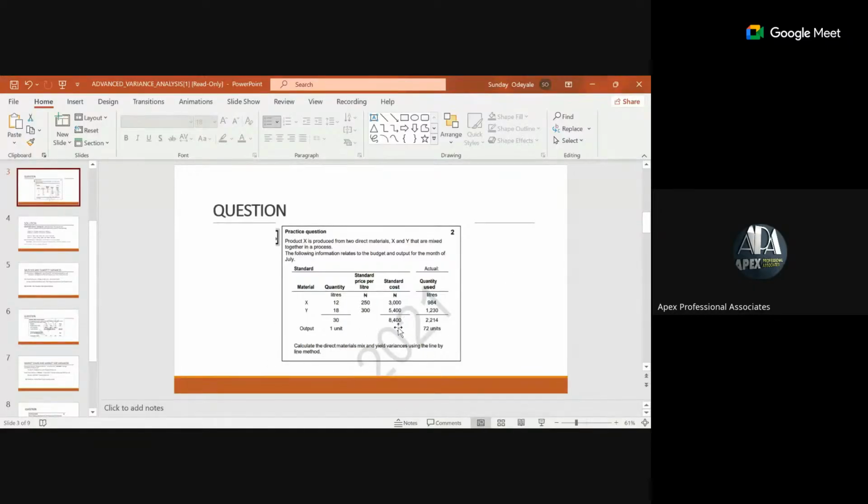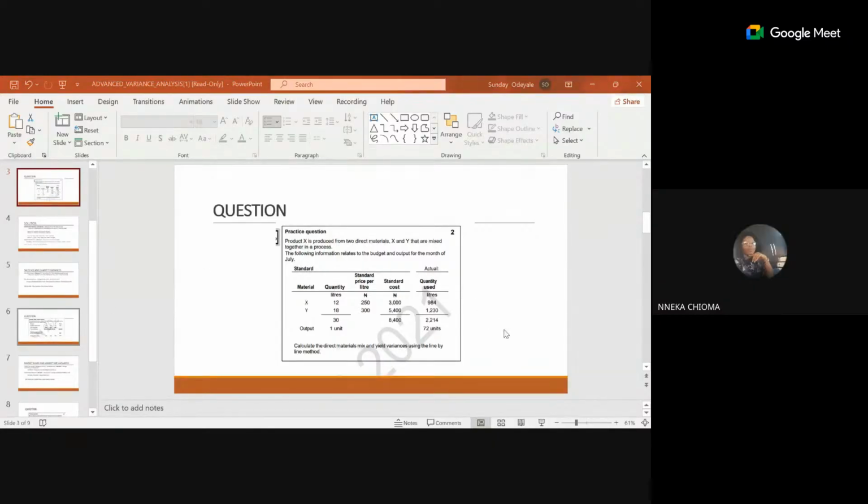But since in this question we have 1, I did not bother to divide, because if you divided 8,400 by 1, you still come back to 8,400. So in cases where you will not have 1, you have to divide your total cost by the number of units produced. Do you understand me now? Yes, sir. Thank you, sir.